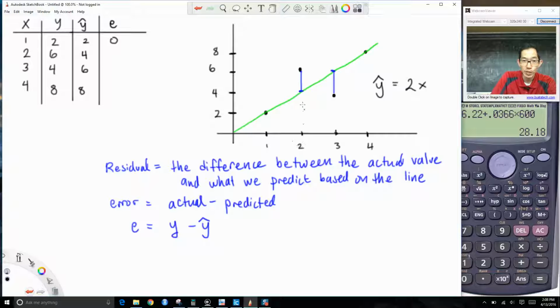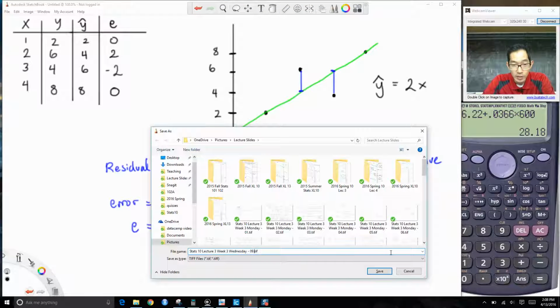For this second data point, our prediction is down at 4, but the actual value was 6, so we have an error of 2. Over here we have an error of negative 2, and over here we have an error of 0. So we can see the difference there. So far so good with everybody? Yeah? Okay, good.